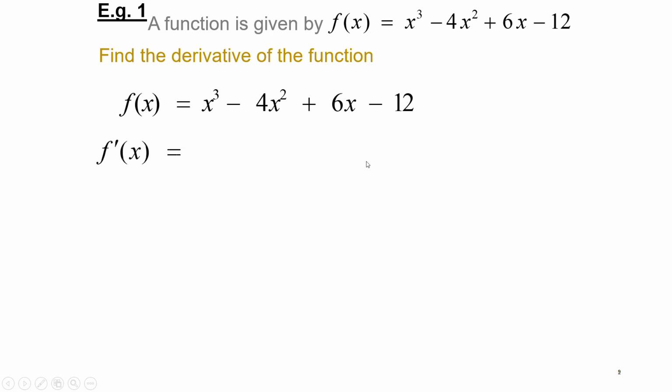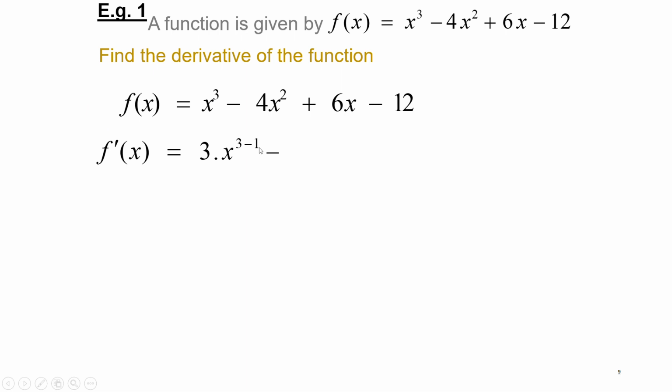So looking at the first one, x cubed. The power is going to come in front. So what is the power? 3. 3 is going to get multiplied to x, and then 3 minus 1. What is 3 minus 1? 2. So you have 3 multiplied to x power 3 minus 1.